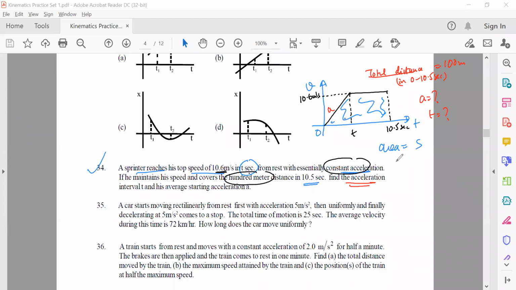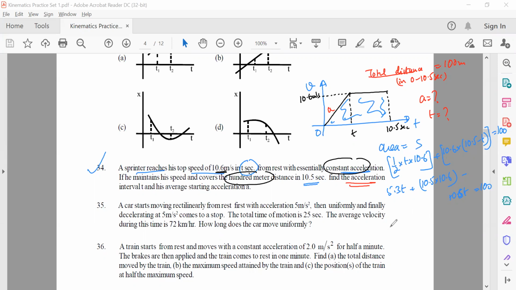So the area of this triangle, which will be half into base into height, plus the area of this rectangle, which will be one side, 10.6, into the other side, 10.5 minus t. So this should be equal to 100 meters. So 5.3 t plus 10.5 into 10.6 minus 10.6 t should be equal to 100.